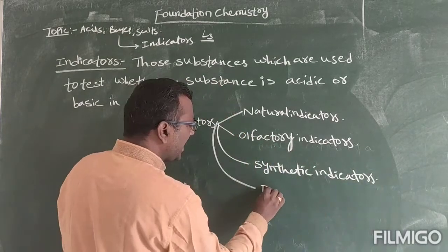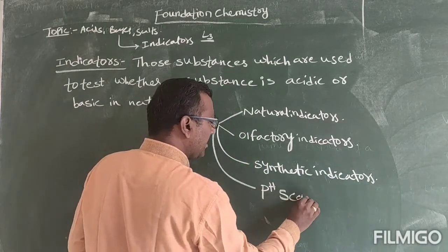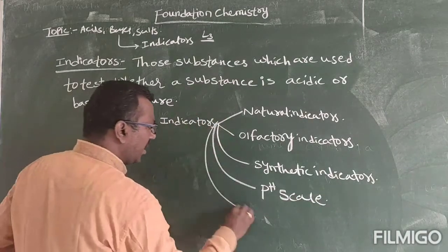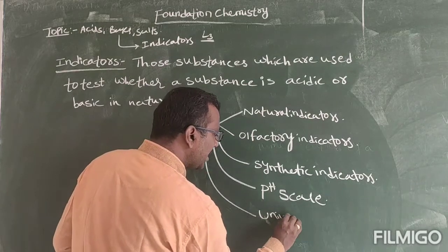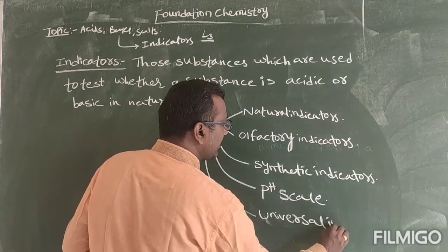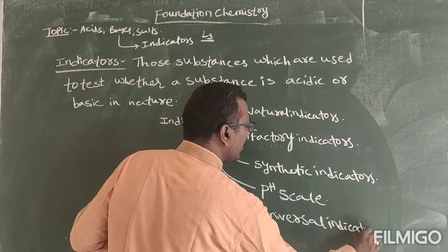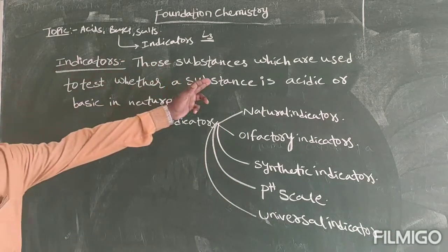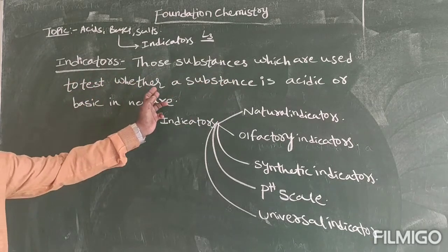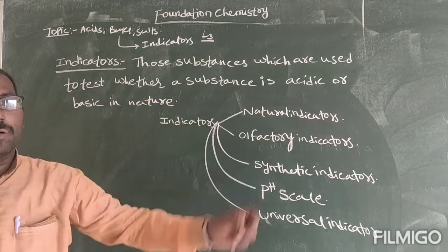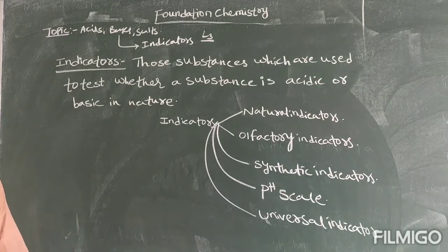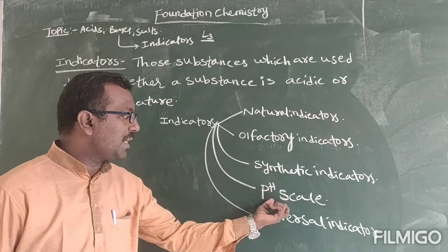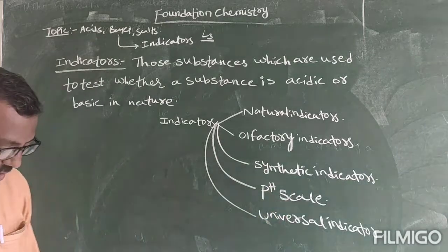And there is pH scale, and also universal indicator. See, all these indicators are the substances which are used to test whether a substance is acidic or basic. Okay, in that natural indicators, olfactory indicators, synthetic indicators, pH scale, and universal indicator.